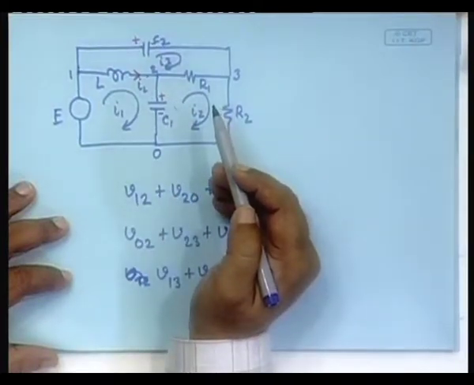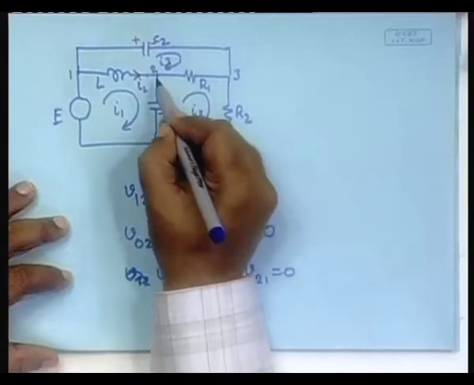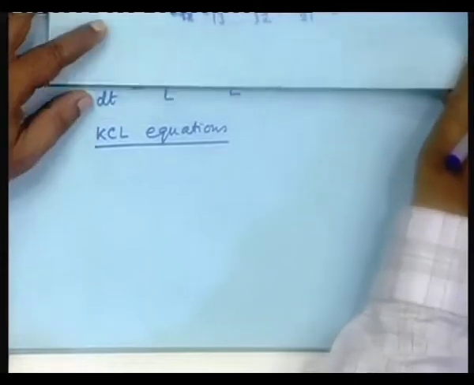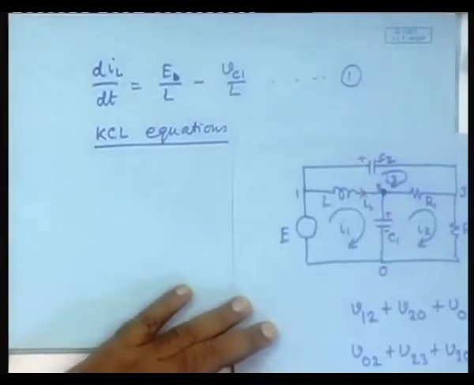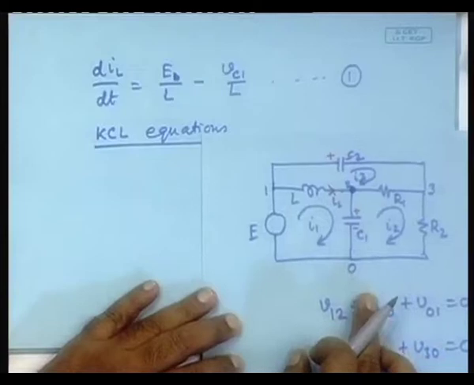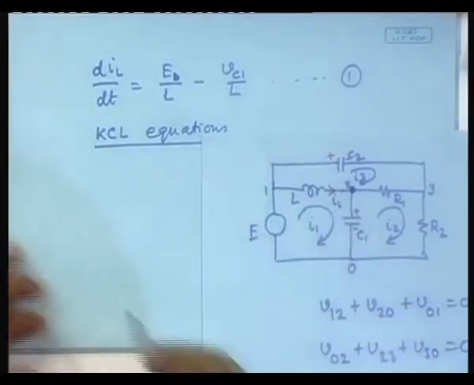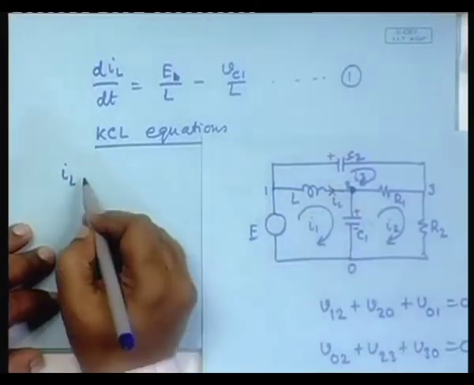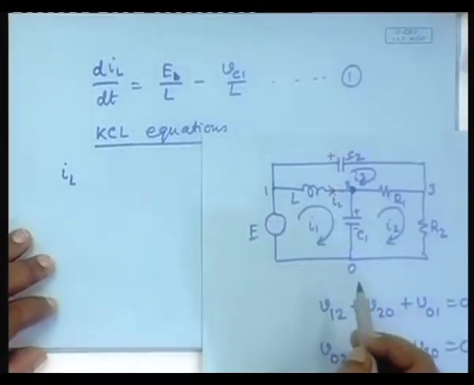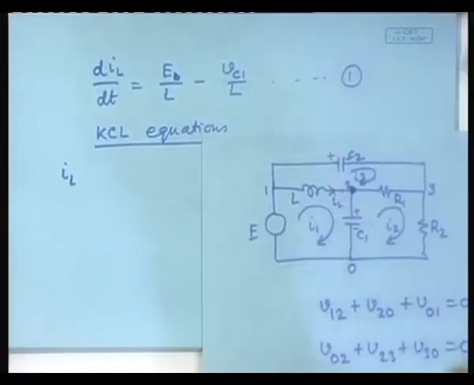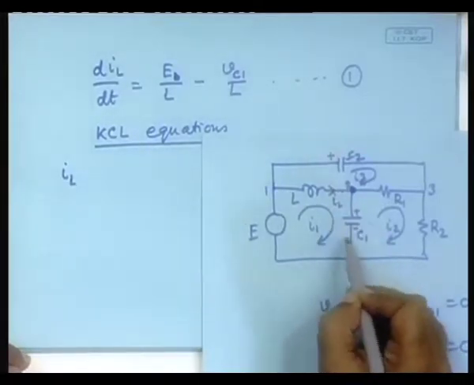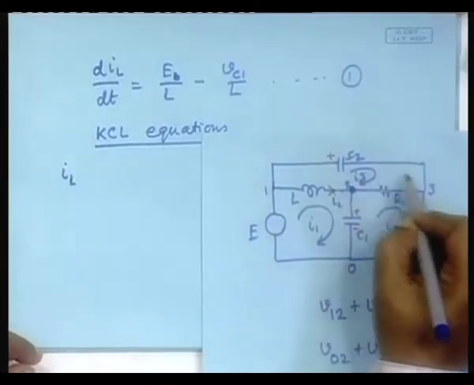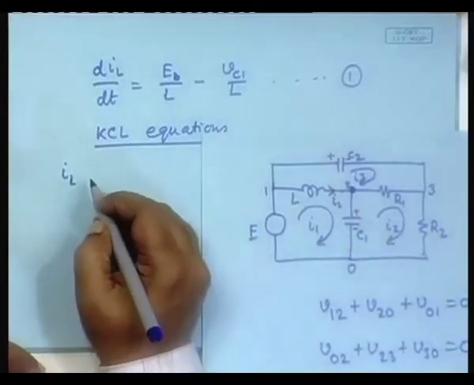In which node should I write? Let us write it here, at this node. In this node, here it is IL going into it. I want to write in terms of the dV/dt's. So, it is going into, this is going into, and this is going into. So, you have to write it that way.